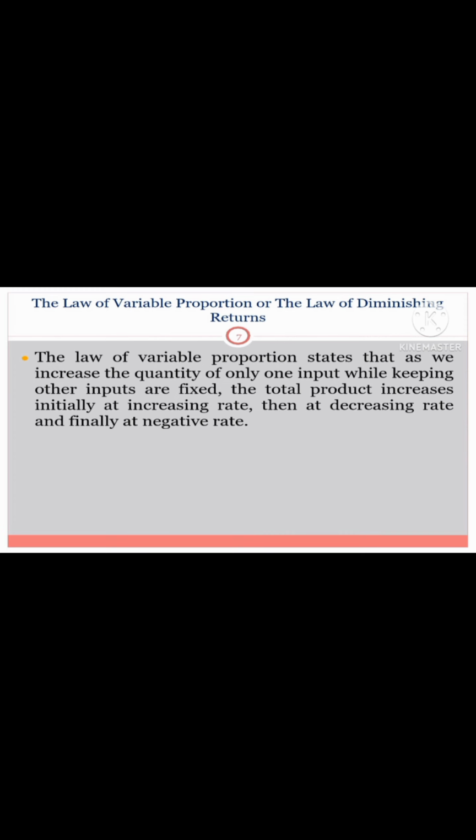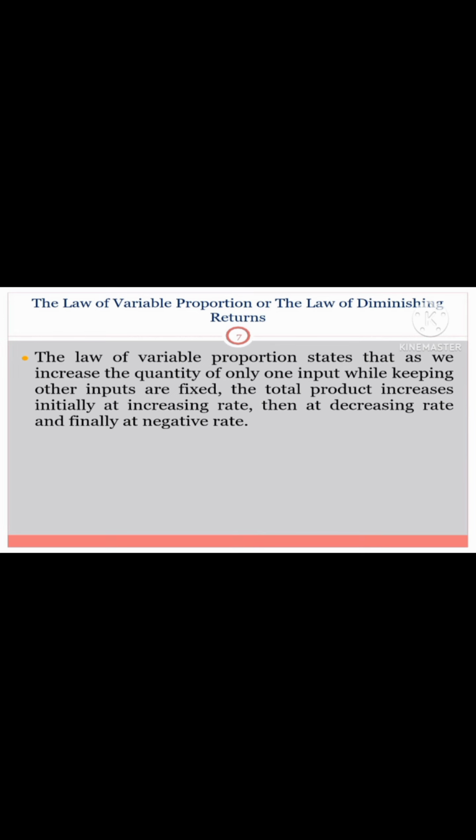So the law of variable proportion states that as we increase the quantity of only one input while keeping the other inputs fixed, the total production, we can say the total product, increases initially at an increasing rate, then at a decreasing rate, and finally at a negative rate, which means it will fall.